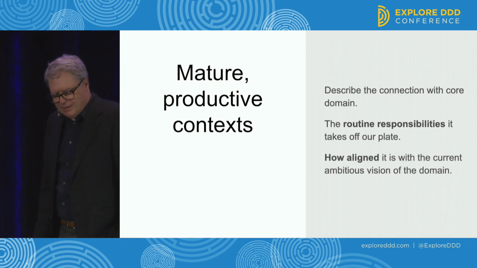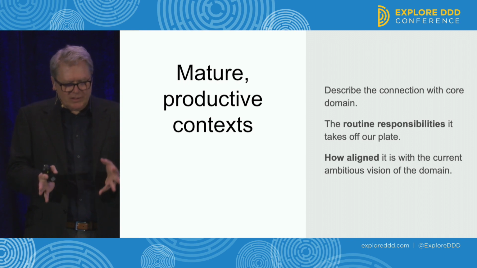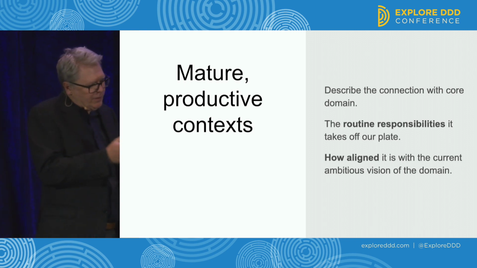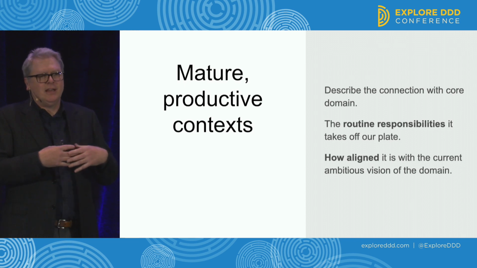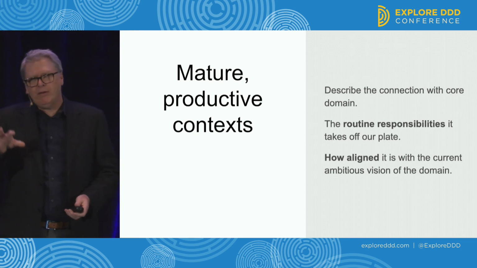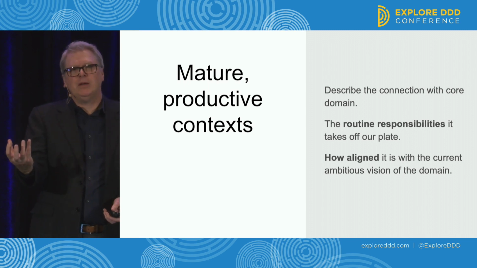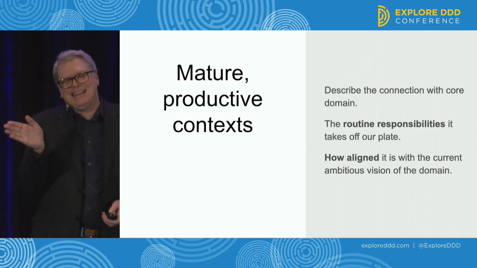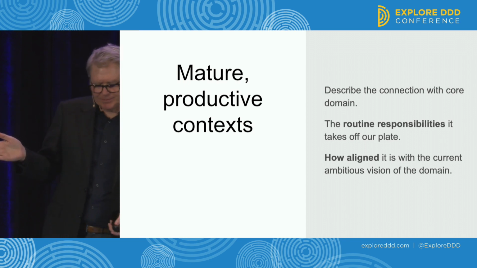And on the other hand, we want to have a sense that, okay, this thing is old. Does it align with the current direction? A lot of times, you have a legacy system that actually does a lot of great stuff. But where it intrudes into the core domain, or rather where it's doing core domain work, it doesn't do it the way that the business people want to do it today.